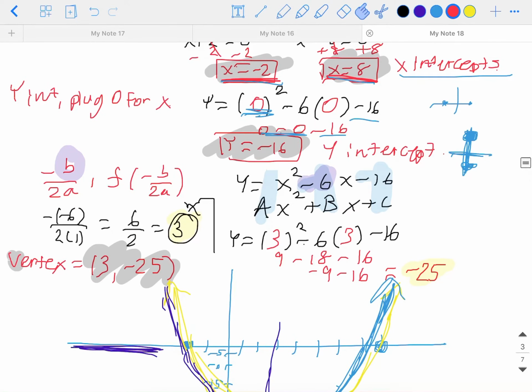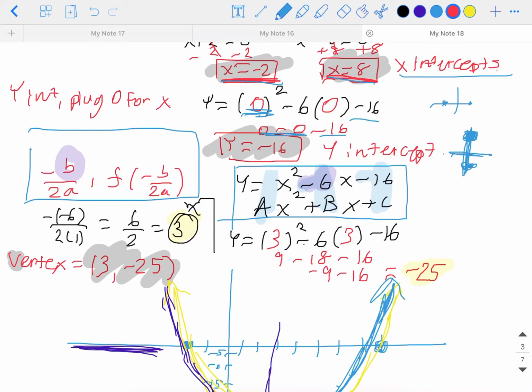The vertex needs to follow this formula: negative b over 2a. That means you need to plug in what b is from the standard form of the polynomial, ax squared plus bx plus c. I'm just rewriting the question, x squared minus 6x minus 16, and you can see that a is 1, b is negative 6, and c is negative 16.